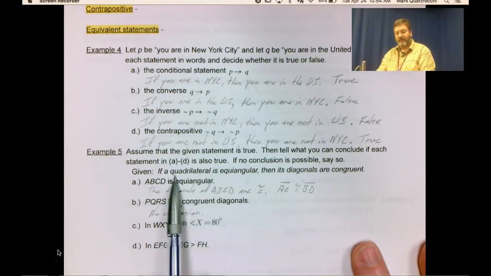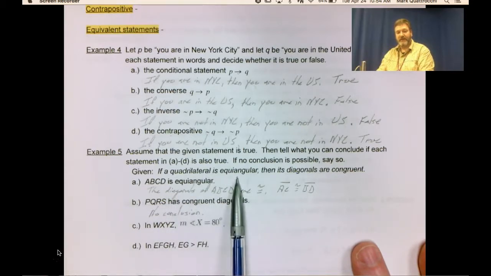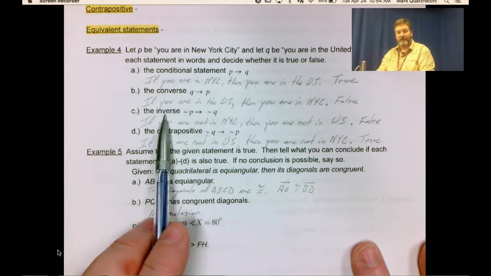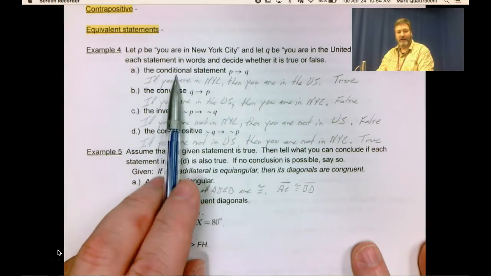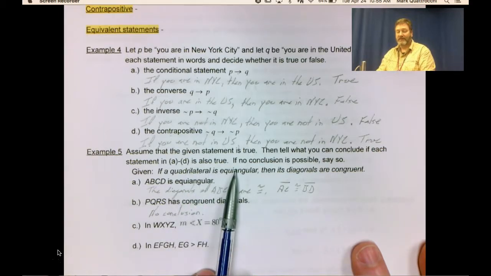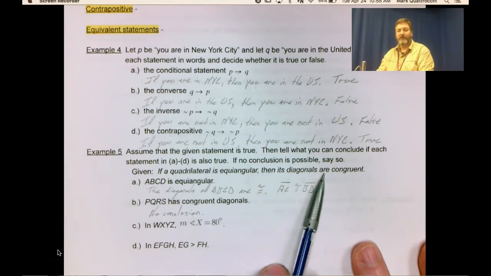Just because this is not true doesn't make this not true. Why? Because the inverse doesn't have to have the same truth value as the conditional statement. So just because we've concluded that the hypothesis is not true does not mean that we can conclude that the conclusion is not true.